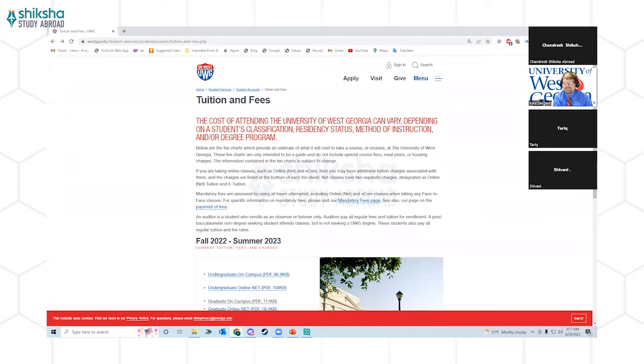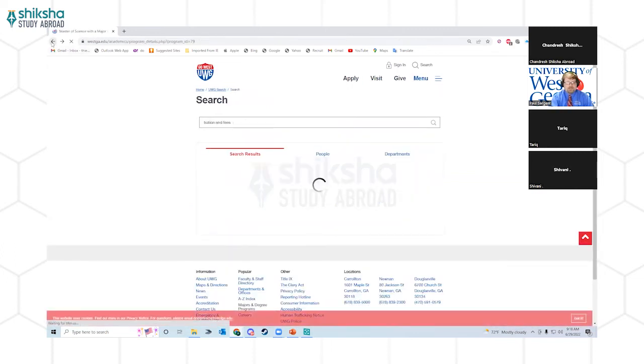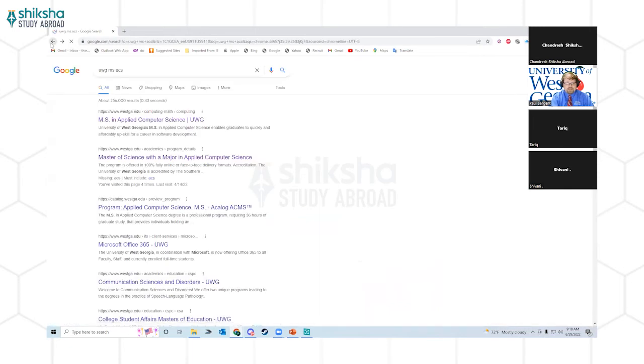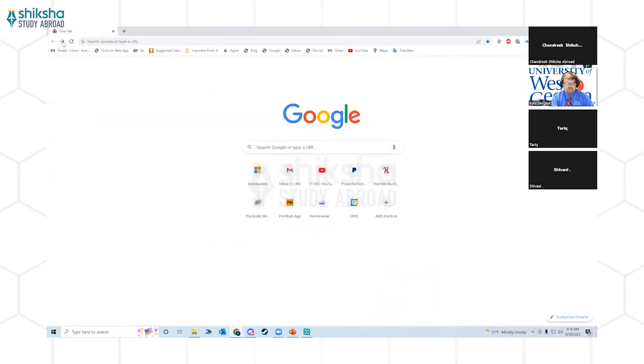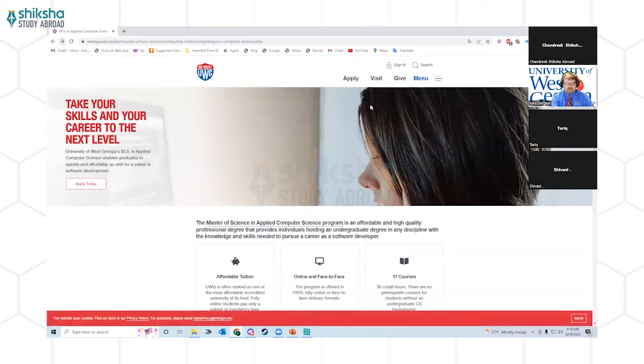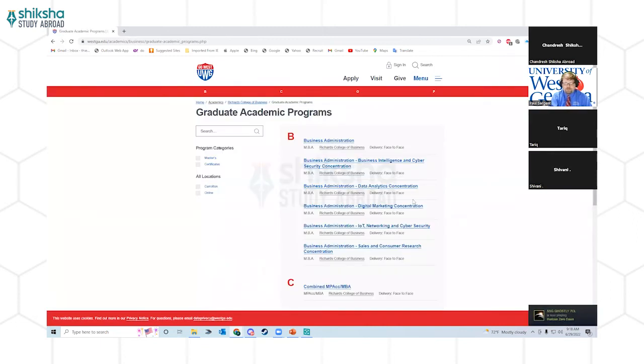Actually, I want to know if there is an MS available for data analytics. Yes, data analytics is one of the programs that we typically offer. For our data analytics concentration, that is one of the ones that we have available in our MBA program.